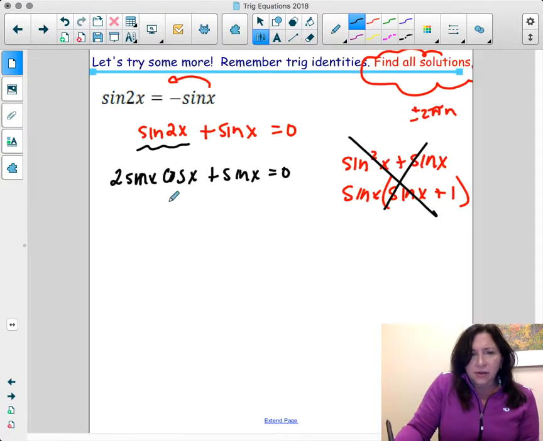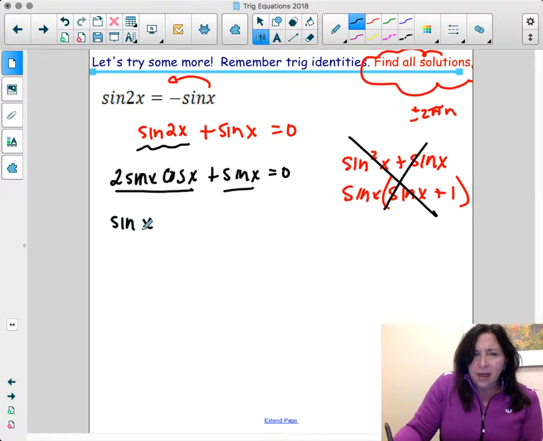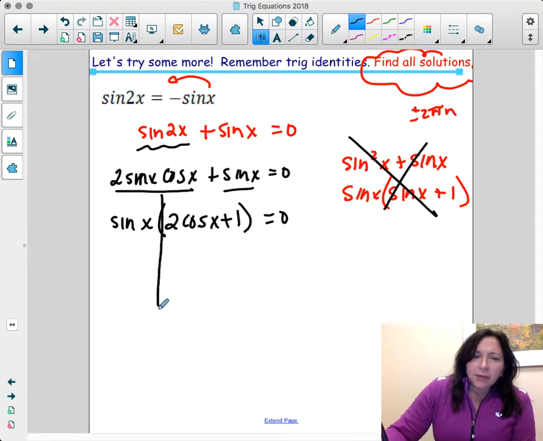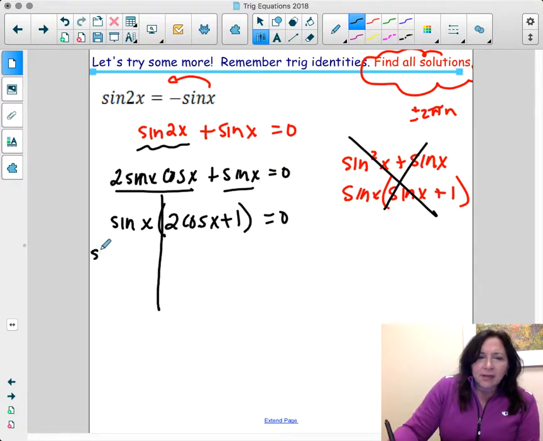Now, what I can do is I can factor out a sine. I have sine in this and in this. So I'm going to factor out a sine of x. And what's left is 2 cosine of x plus 1 equals 0. And now that I'm multiplying, I can split these up. And I'm going to get sine of x is equal to 0.